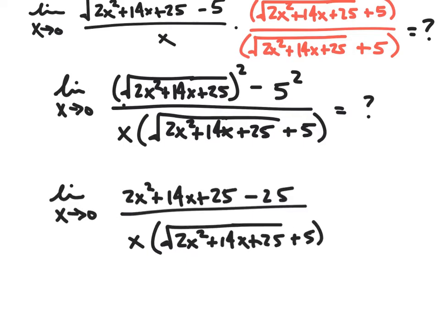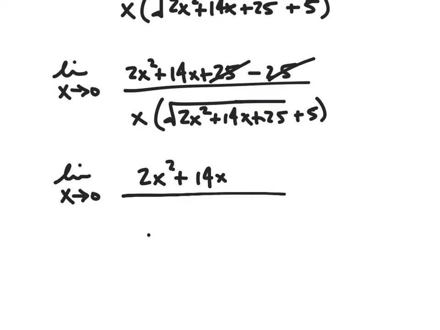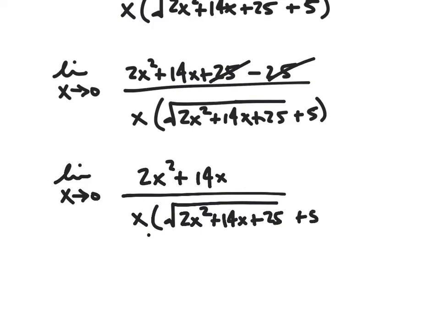Still, even at this point, if I plug in 0 for x, it's still going to make my denominator 0. So we have to figure out a way to manipulate the top here and divide that 0 out. So the limit as x approaches 0, my top, the 25s are going to cancel out. So I've got 2x squared plus 14x over x times the quantity, the square root of 2x squared plus 14x plus 25, and then plus 5.